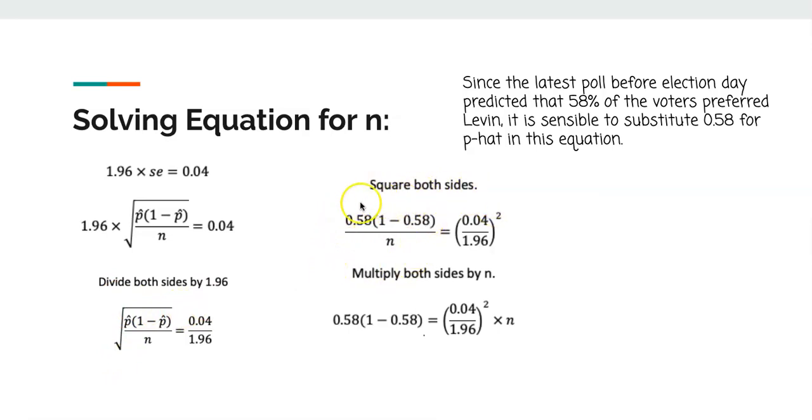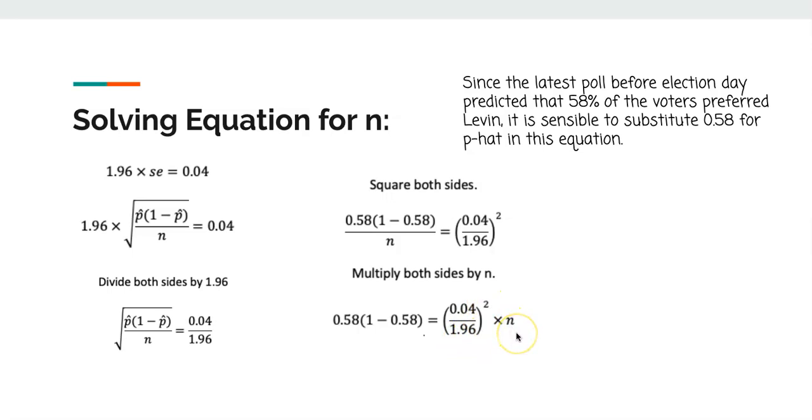The left side will just come out as a fraction, and the right side is 0.04 over 1.96, getting squared. Now, I want to solve for n, but since n is stuck in the bottom of the fraction, I'm going to temporarily rescue this n by multiplying both sides by n. The left side comes out to be just the original numerator, 0.58 times 1 minus 0.58, and the right side is 0.04 over 1.96 squared times n.